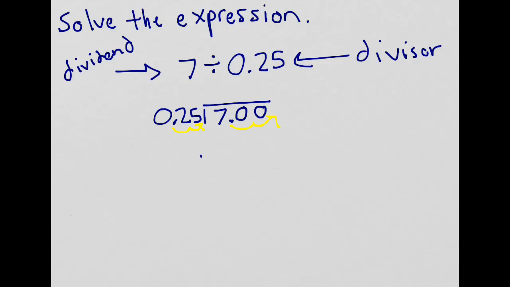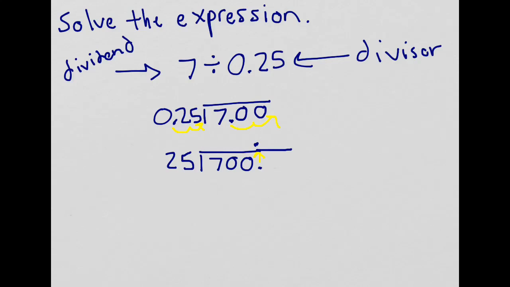So let me rewrite my division problem so it's easier to see. 25 as a whole number goes on the outside now, and 700 with the decimal after the last 0 goes inside on the dividend. I'm going to put a little arrow going up because I need to go ahead and put the decimal above the line.